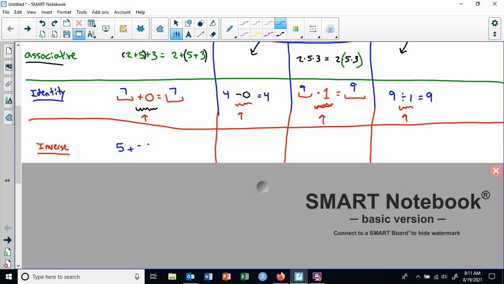I would need to add -5, and it would add to 0. So that's how you do an inverse, is you got to actually take the opposite number and add it to it. Subtraction, I don't even know if I really want to dive into subtraction and division one, but if I were to take 5, what would I need to subtract from it to equal 0? To get rid of it, to undo 5, it would just be the same number itself, 5 minus 5.